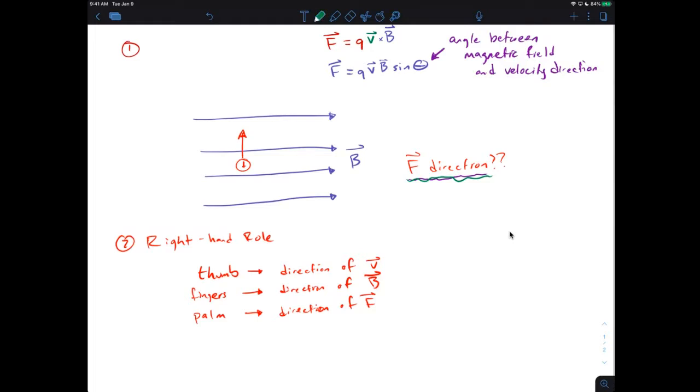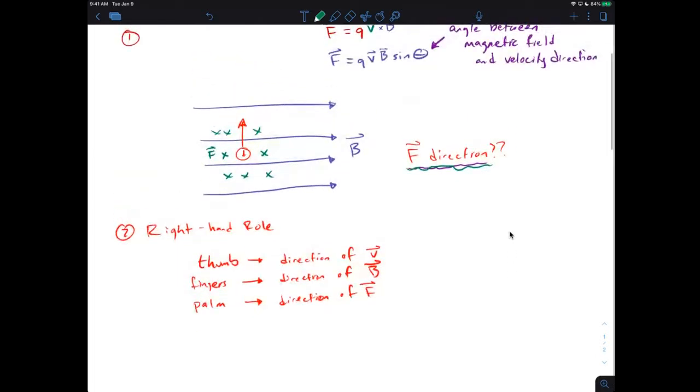So my force here is going to be into the page, right? So these are X's I'm using to denote that my force is moving into the page, right? So kind of downward into the screen.